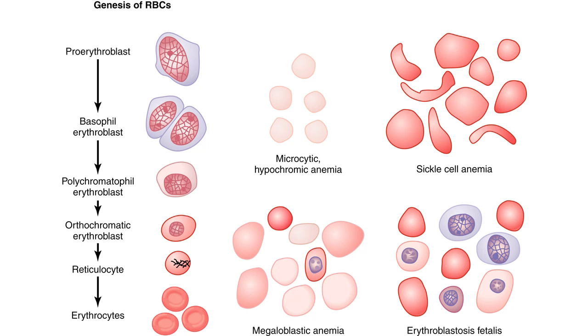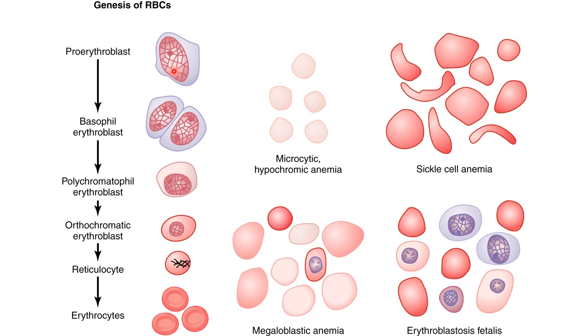Here I'm showing you how red blood cells develop. My goal in this slide is just to show you that as red blood cells develop, first they still have organelles, and they look like other normal cells in the bone marrow.